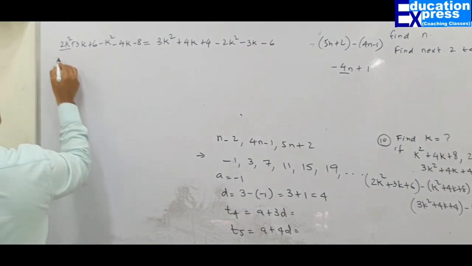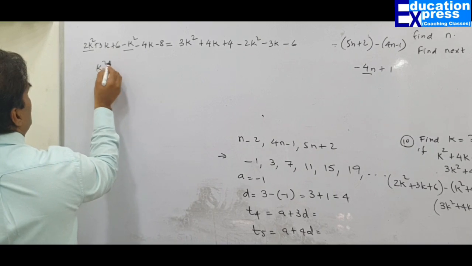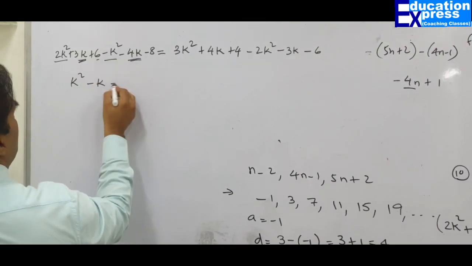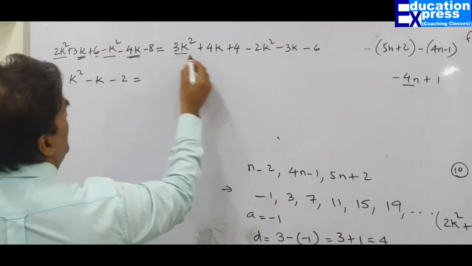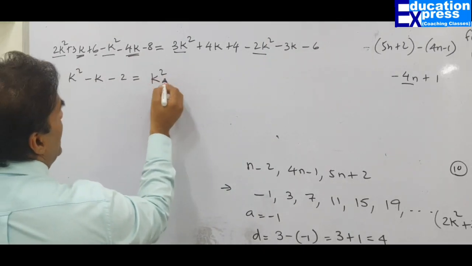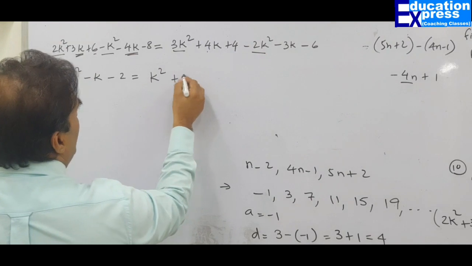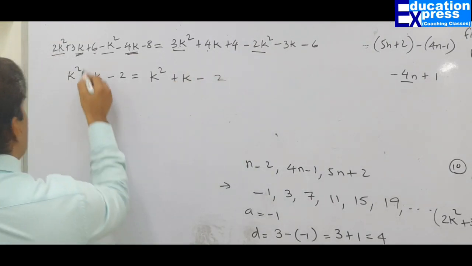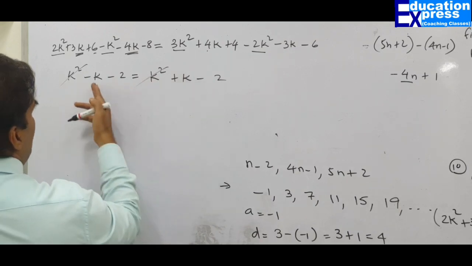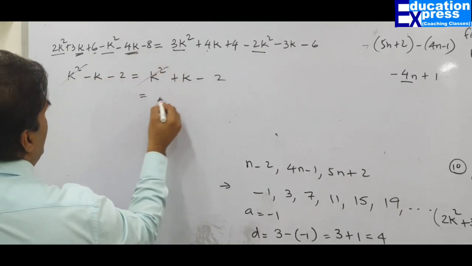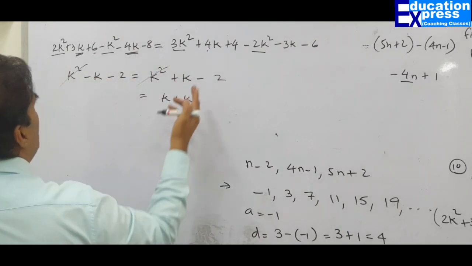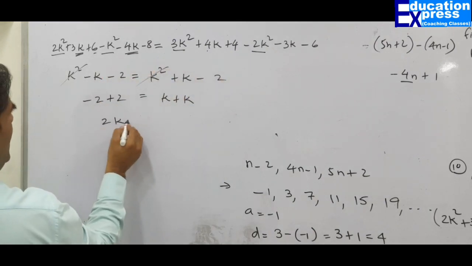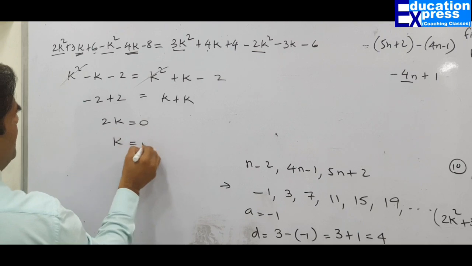My dear friends, 2k square minus k square; 3k minus, so minus k; 6 minus 2; which is going to be 3k square minus 2k square, k square; 4k minus 3k, plus k; after that plus 4 minus 2. k square, k square. This minus k will come on this side, k plus k. Minus 2 goes on that side, minus 2 plus 2. 2k equals 0, k equals 0.